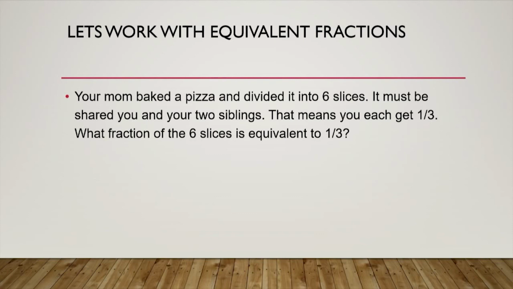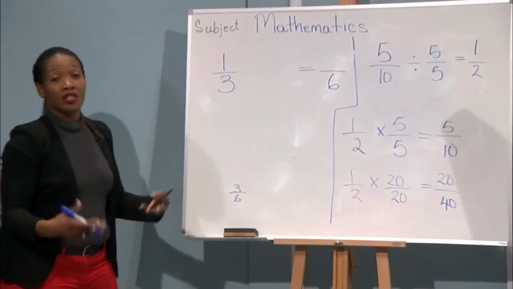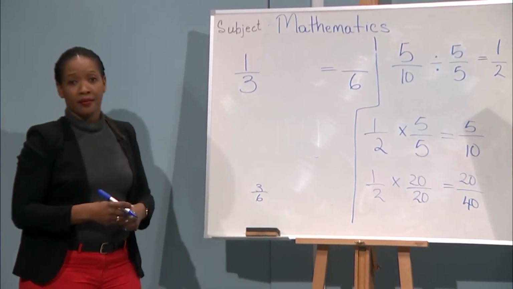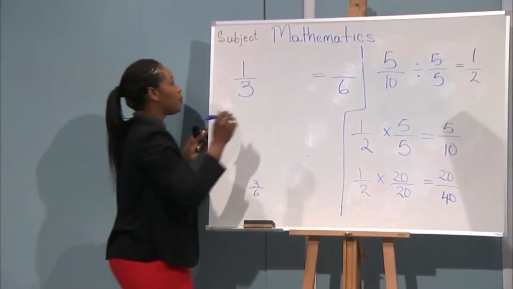So let's look at that quickly. So we have 1/3. We want to make it equal to something over 6. So you need to familiarize yourself with numbers. What can be done to 3 to make it 6? Exactly. You can multiply it by 2.